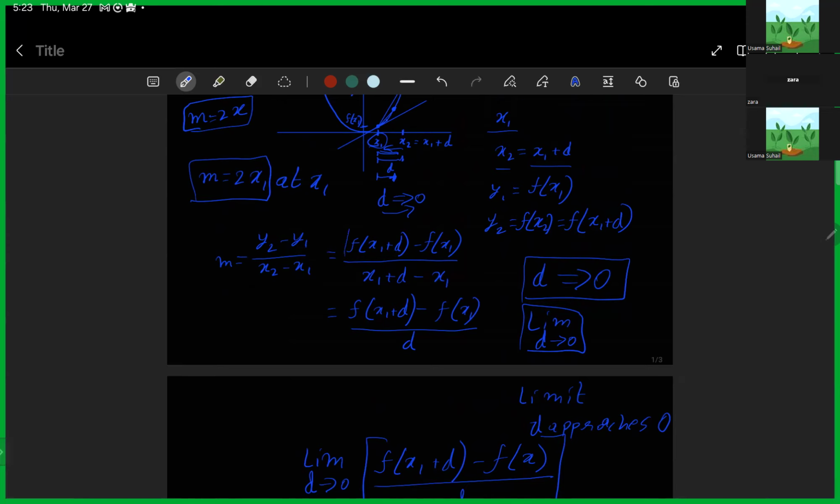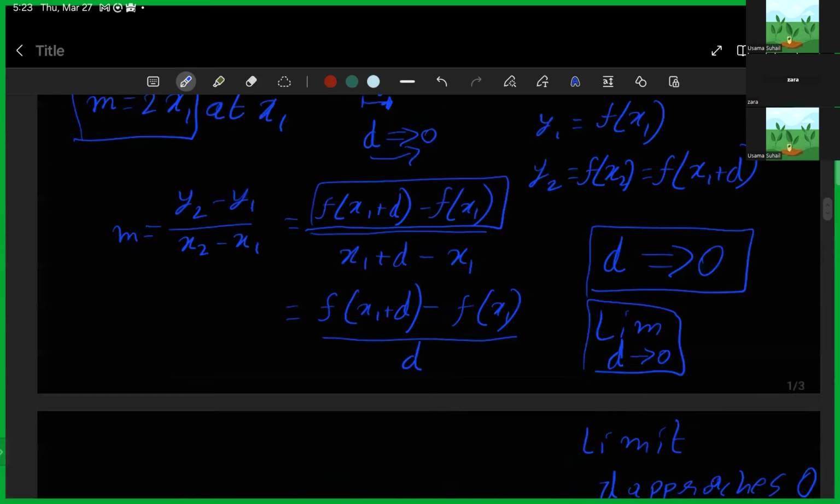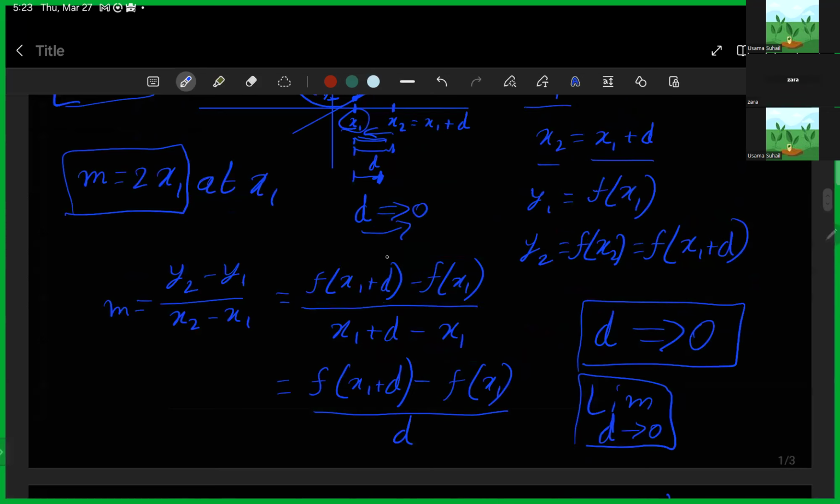Now, going further, this is the change in y for any function f. It does not have to be x square. It can be any function. I did not specify what the function f is. It's just a function, so it can be a linear function, a quadratic function, a cubic function, a quartic function.